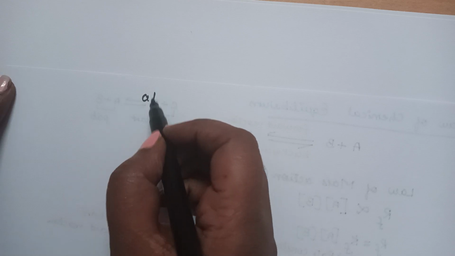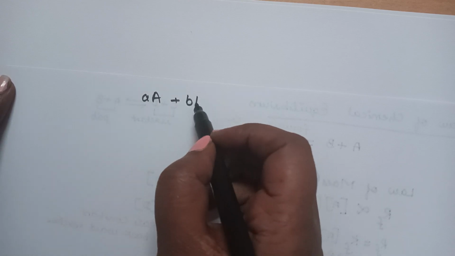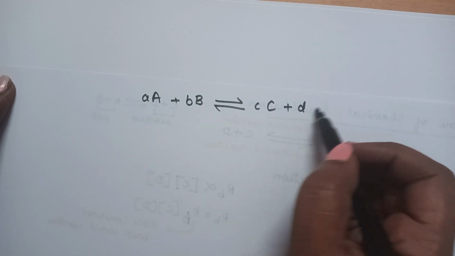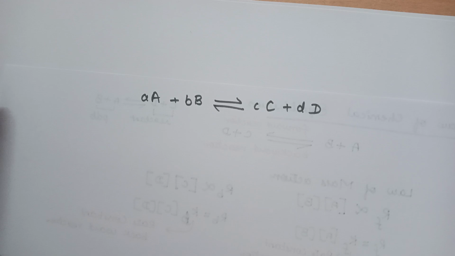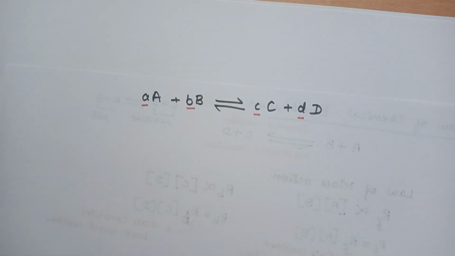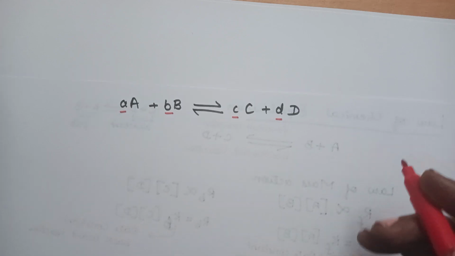Now we will take one general equation: small a A and small b B giving small c C and small d D. Students, here a, b, c and d are called stoichiometric coefficients.